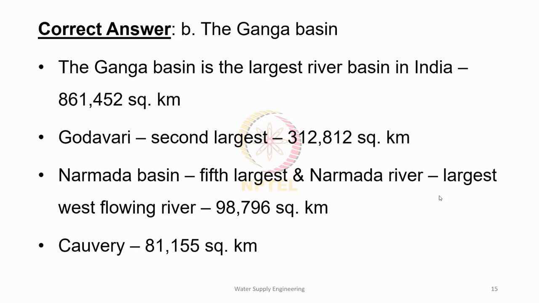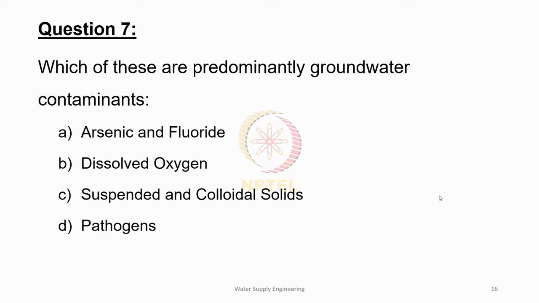And last, Kaveri has a total catchment area of 81,155 square kilometers. So, Ganga Basin, option B, is the correct answer. It is the largest river basin in India. All right, we'll move on to the next question.